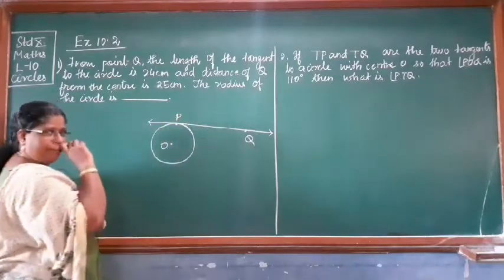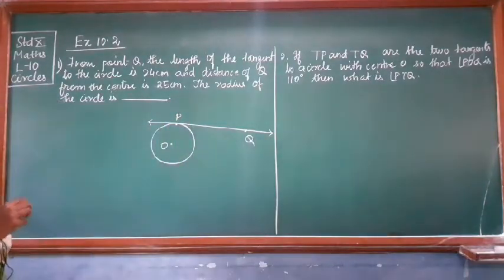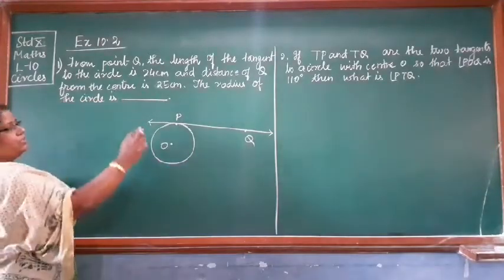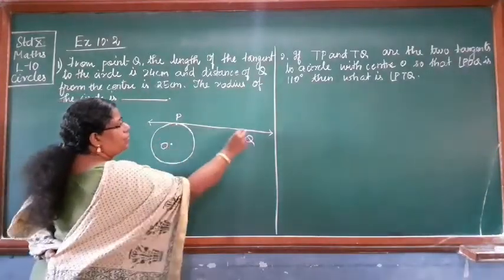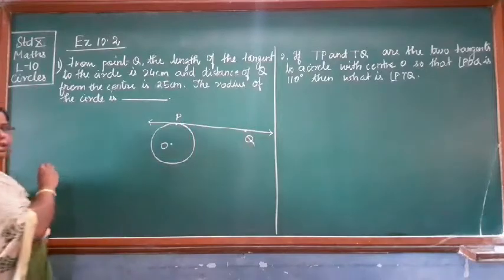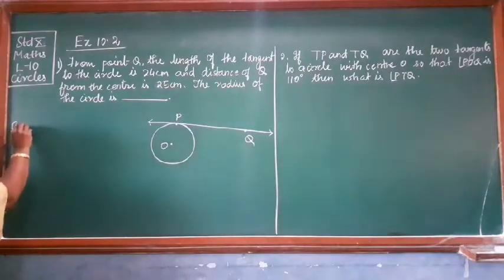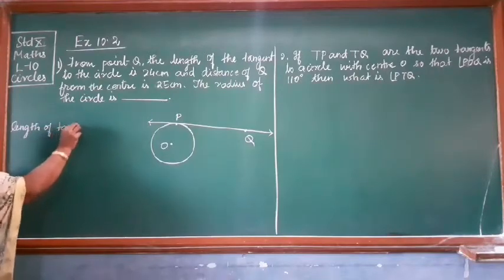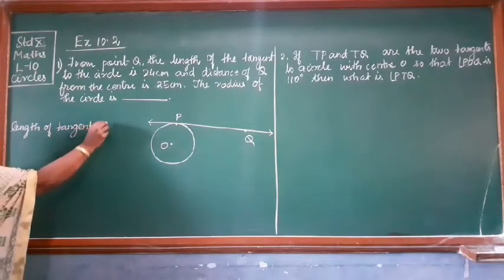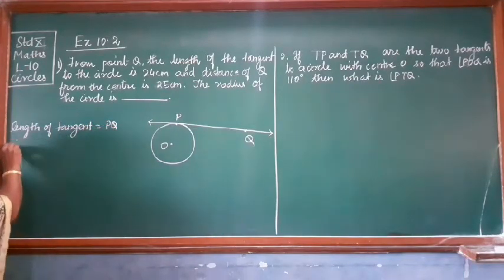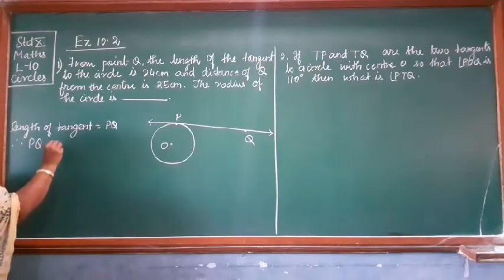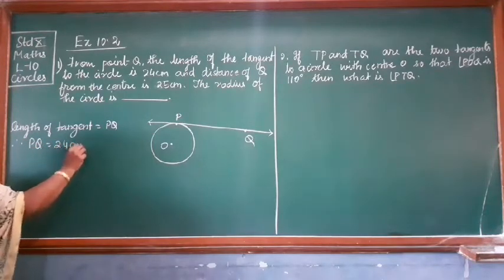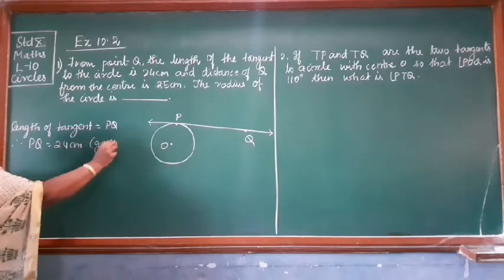Let it be P. Okay, and what are the values which are given to you? The length of the tangent on the circle. So PQ will be the length of the tangent. So length of tangent will be equal to PQ, that is PQ equals 24 centimeter. This is given to you.